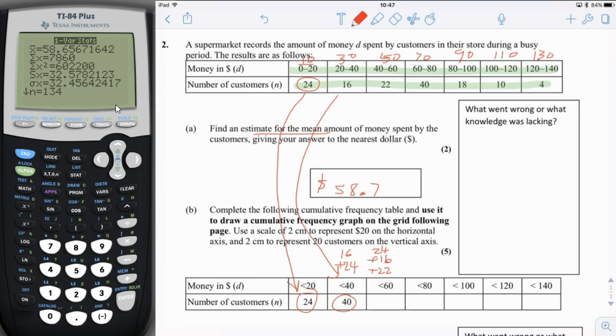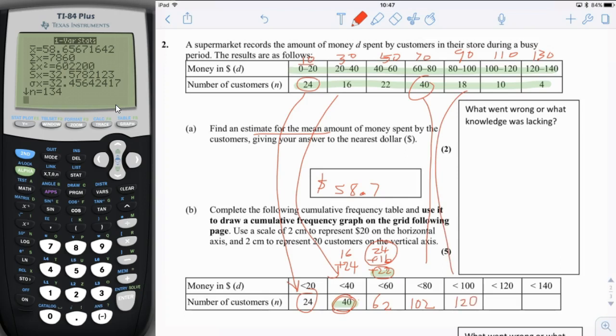So actually, instead of doing 24 plus 16 plus 22, we could just take 40 plus 22, right? We could add up these numbers. 40 plus 22, of course, is 62. Then we could add up 62 with this value here, 40. 62 plus 40 is going to be 102. Then we could add up 102 with 18, which would be 120.